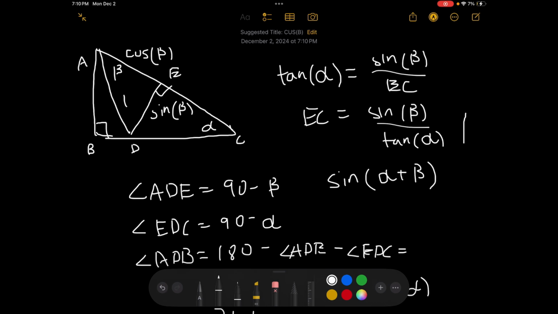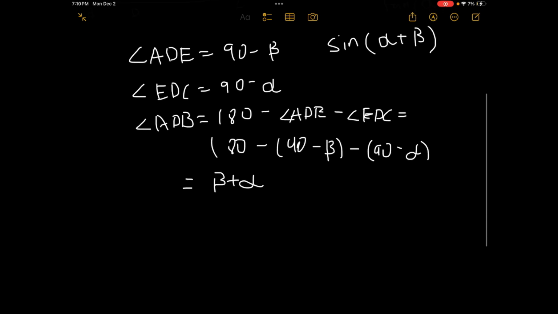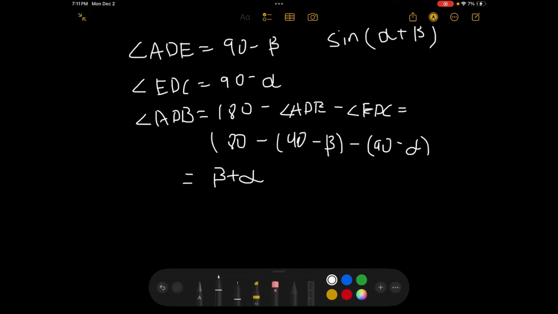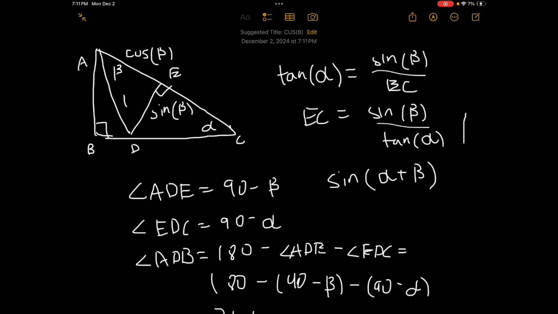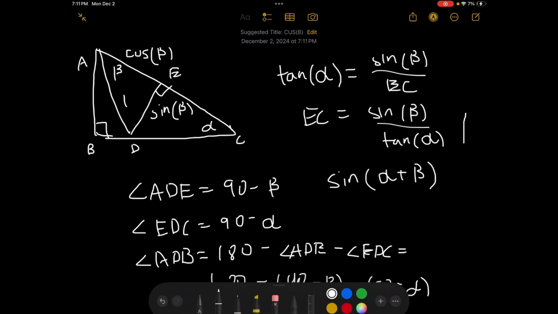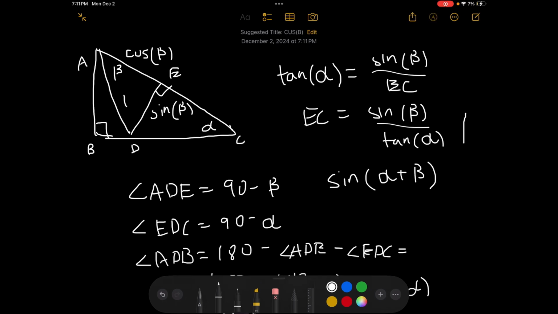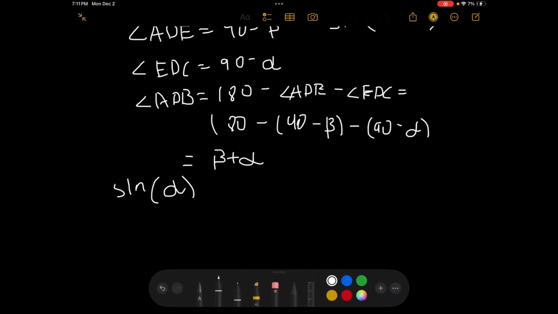The last triangle that we need to use is triangle ABC. The sine of angle alpha is equal to AB over AC.